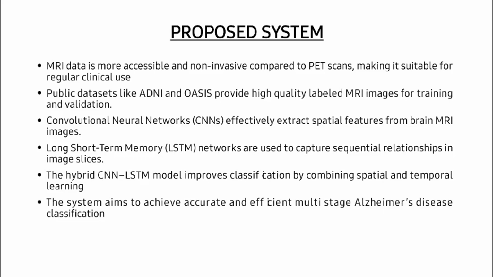The architecture uses CNN layers to extract the spatial features from the brain images and LSTM layers to capture the sequential relationship across the image slices. This hybrid CNN LSTM model improves the classification by combining both spatial and temporal learning, achieving accurate and efficient multi-stage Alzheimer disease classification.